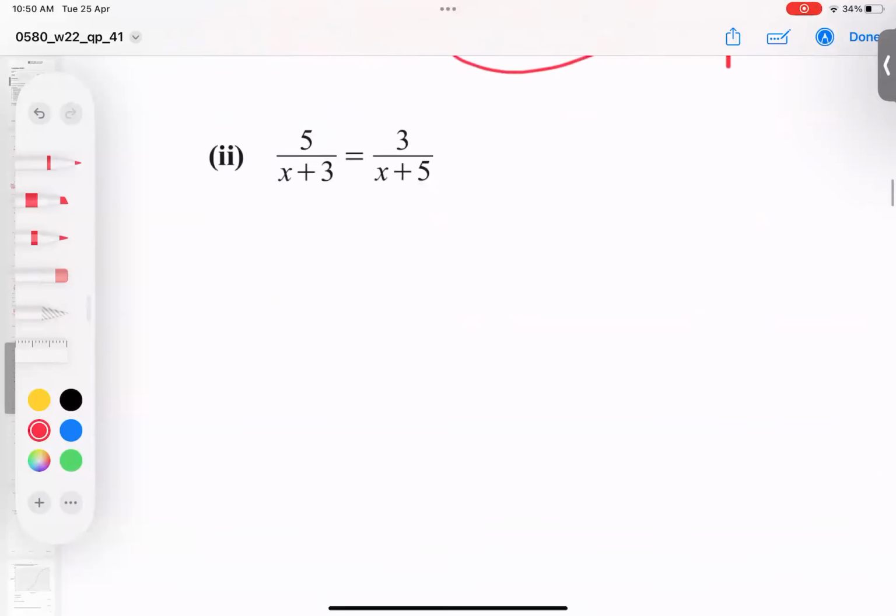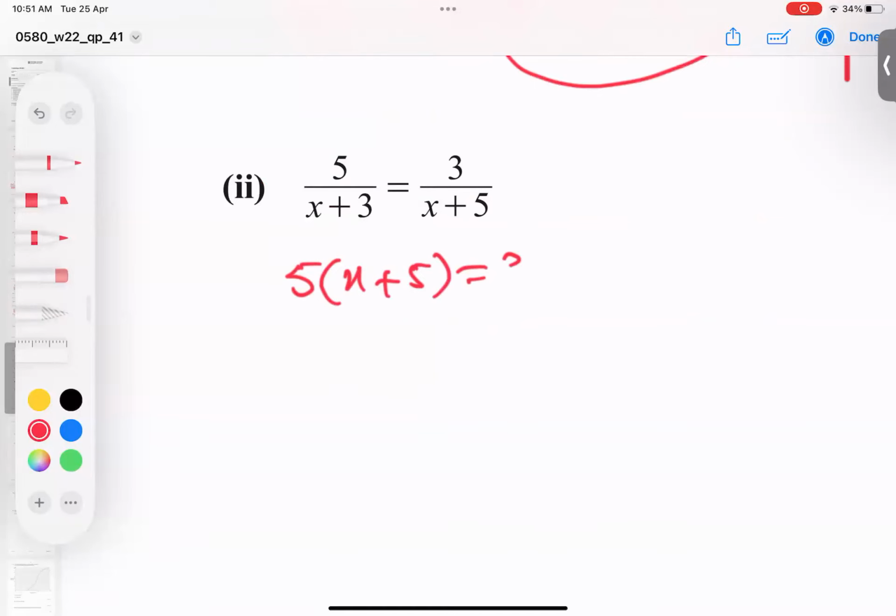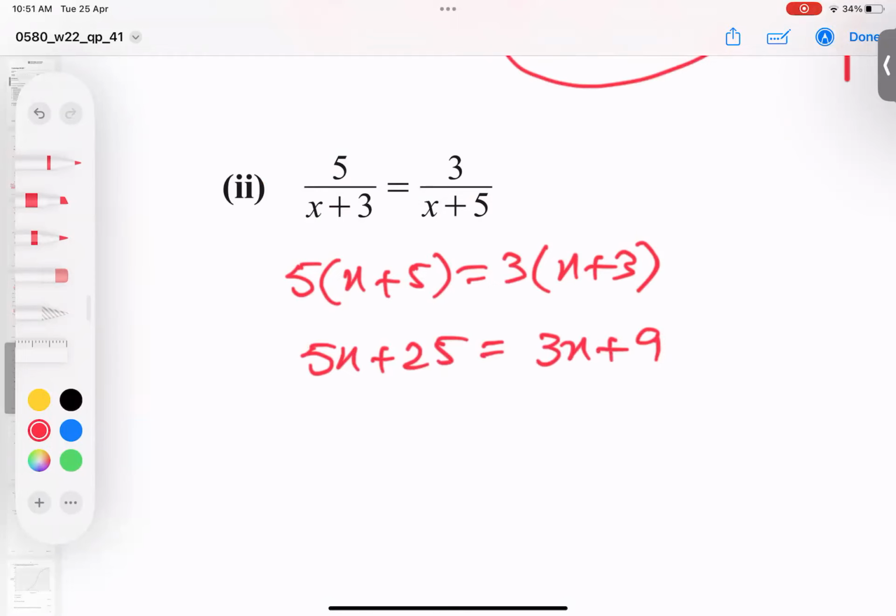What about this? It is a single fraction on the right side, a single fraction on the left side. Cross multiply is allowed. It will multiply, it will multiply. 5 multiplies inside, 5 times 2x, 5x, 5 times 5 is 20. 3 times 2x, 3x, 3 times 3 is 9. 3x will go there and 25 will go to the other side.